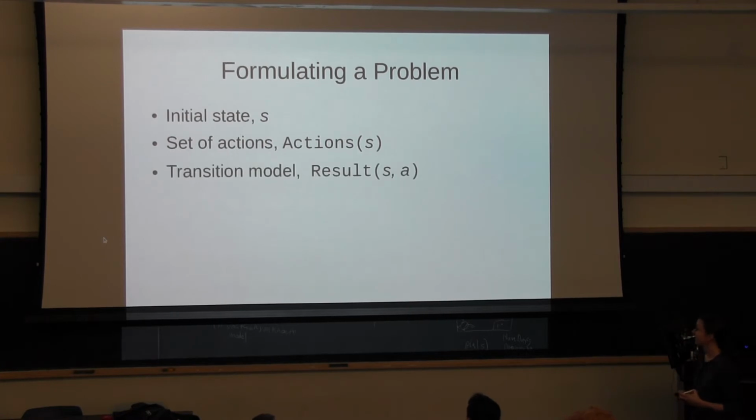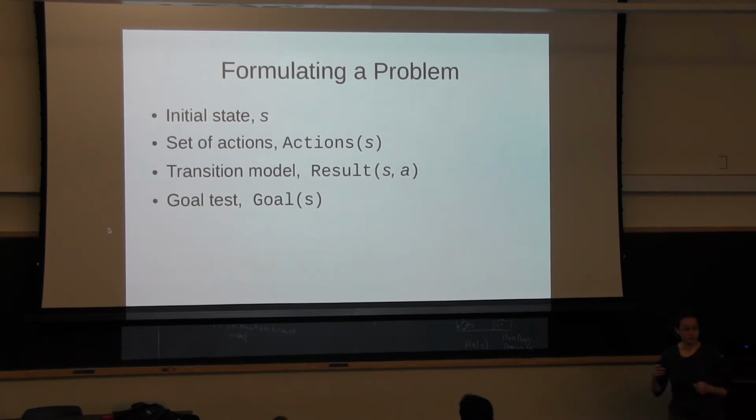In the beginning, it was a deterministic transition, and then at the end, it was stochastic. This was the RL or MDP model. Goal test. At the beginning, it was just a state identifying a goal. At the end, we had a reward function. At every state, you could get some reward or some negative reward, some punishment, and it's trying to optimize its reward over time.